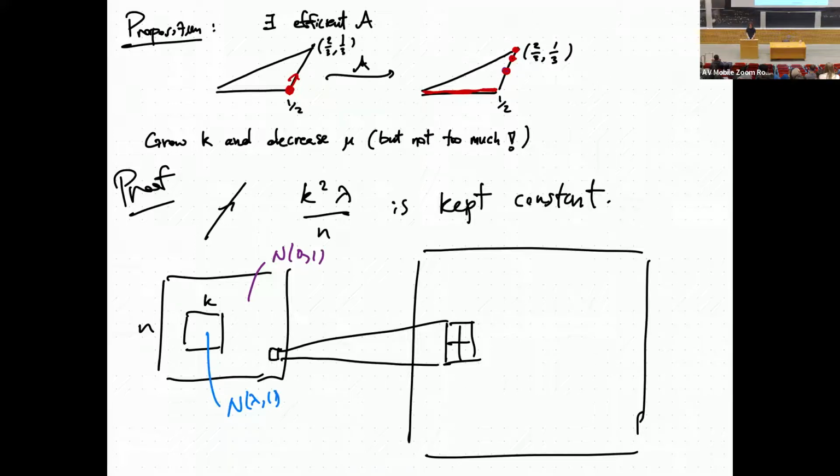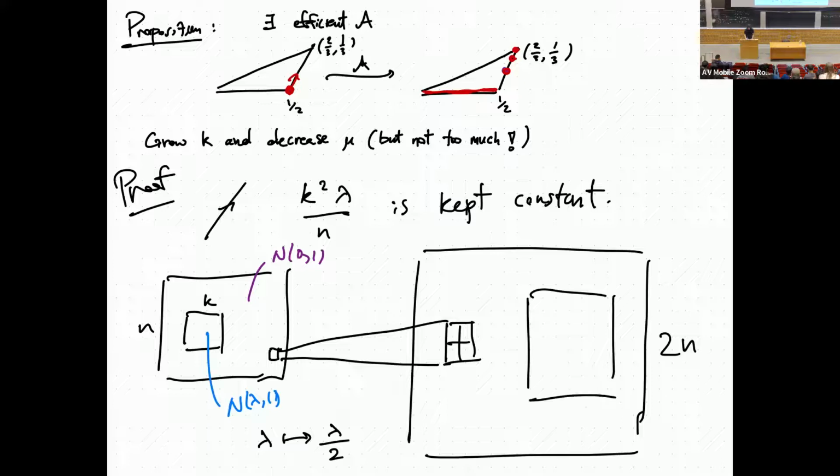If we had a planted entry, then we had mean lambda, which gets mapped to lambda over 2. Right? Because we lost a factor of root 2, but then we cloned twice to get 4 entries. n becomes 2n, and then k becomes 2k.